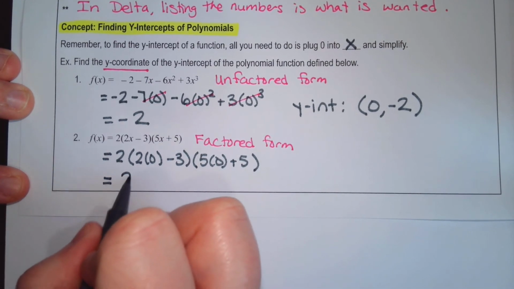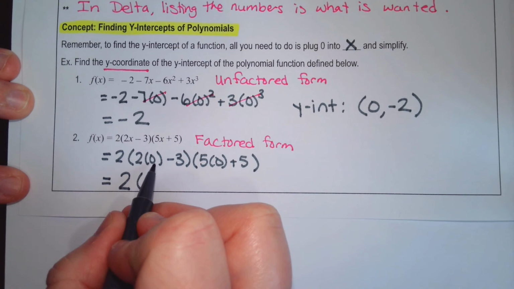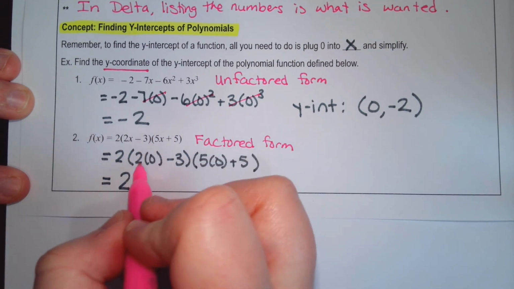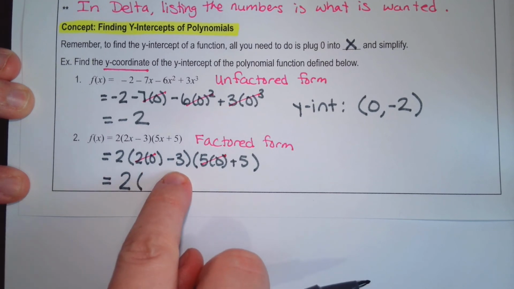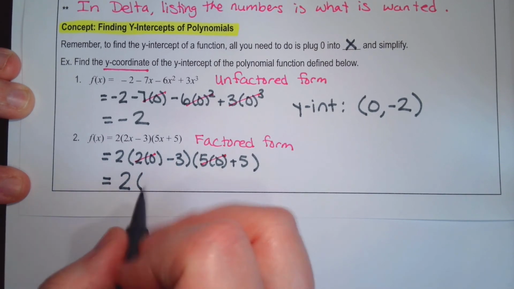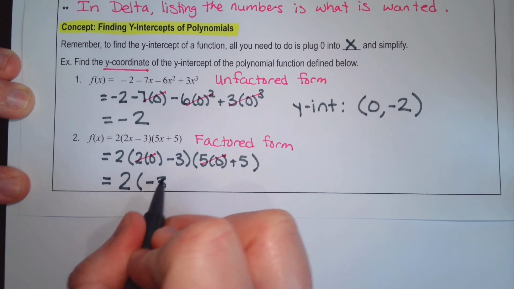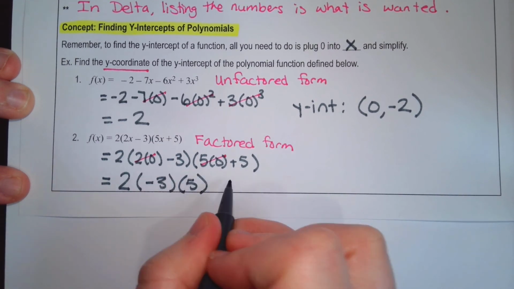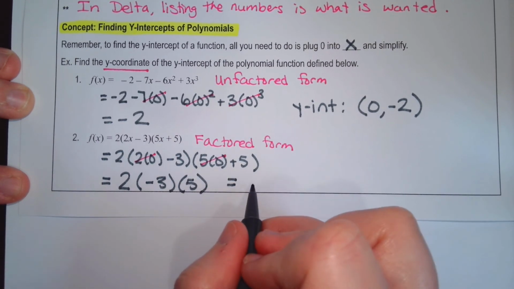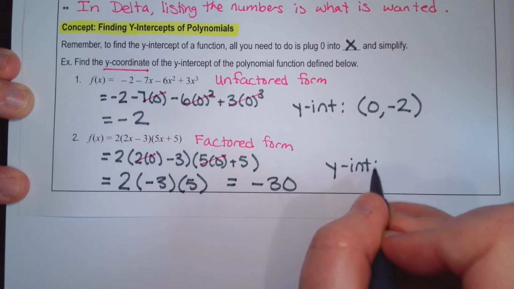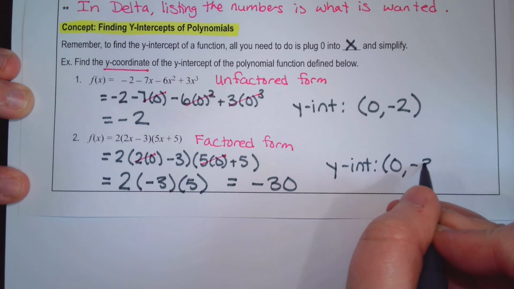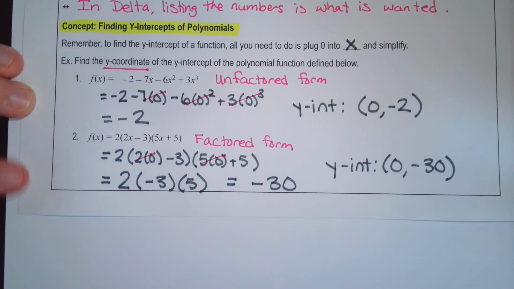So here, this 2 is left alone. 2 times 0 is 0, so these zeros get canceled, but we still have things that don't get canceled out. So we're going to have 2 times negative 3 times positive 5, and we get negative 30. So my y-intercept is at (0, -30).